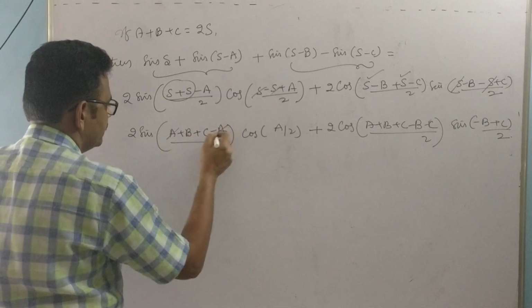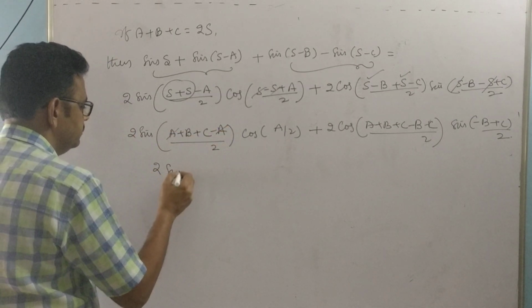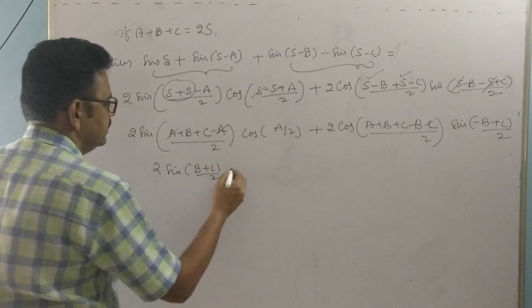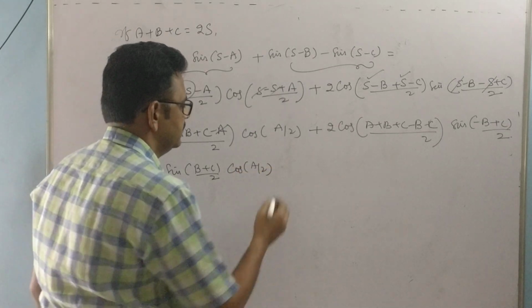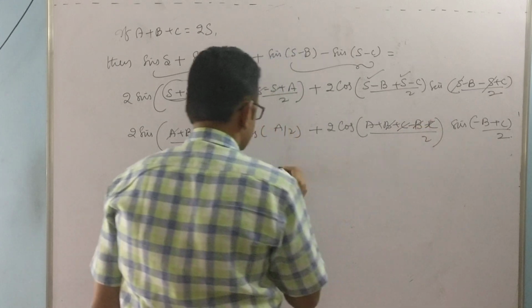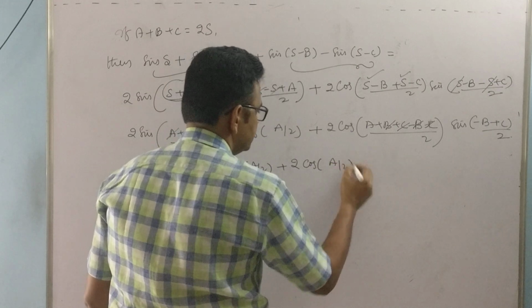So a gets cancelled. So this is 2 into sin of (b plus c) by 2 into cos of a by 2. Next here b and c cancel, this is plus 2 cos of a by 2.